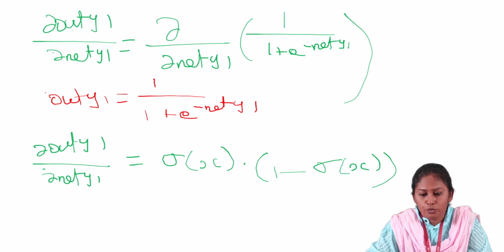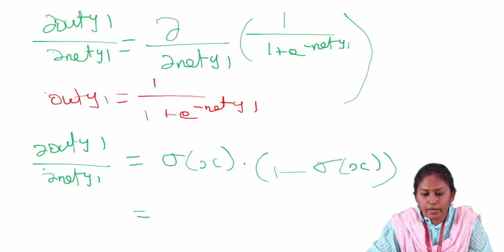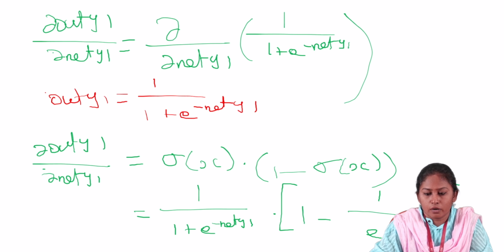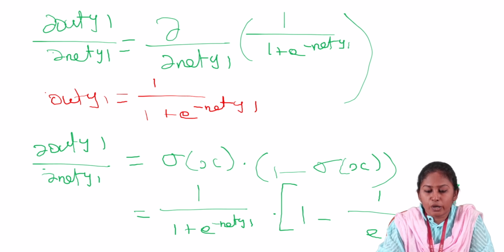So if I write 1 divided by 1 plus e to the power minus net y1 dot 1 minus 1 divided by e to the power minus net y1. Now we are going to simplify this step, so here I am starting the simplification.